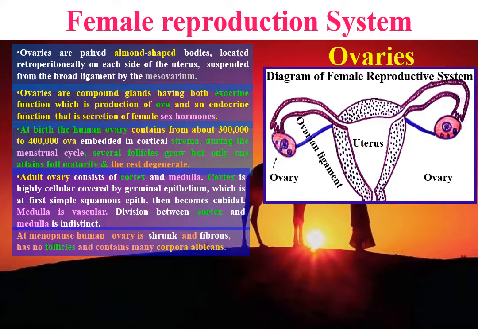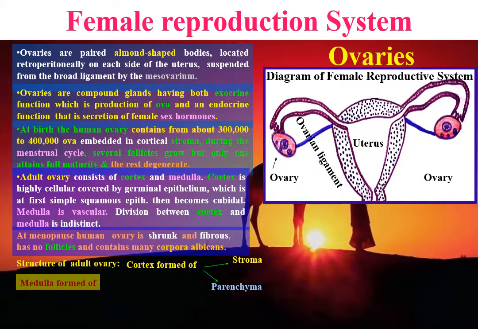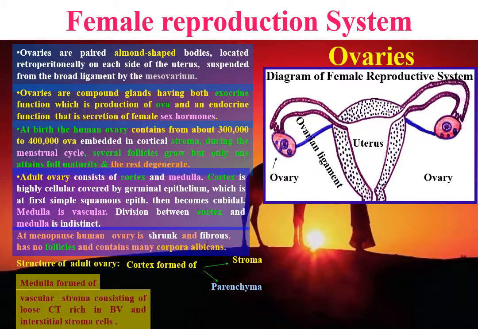Structure. The adult ovary consists of cortex formed of stroma and parenchyma, and medulla formed of vascular stroma consisting of loose connective tissue rich in blood vessels and interstitial stroma cells.